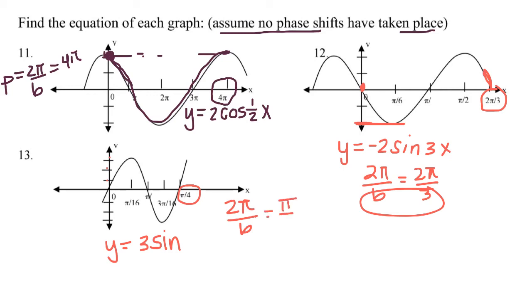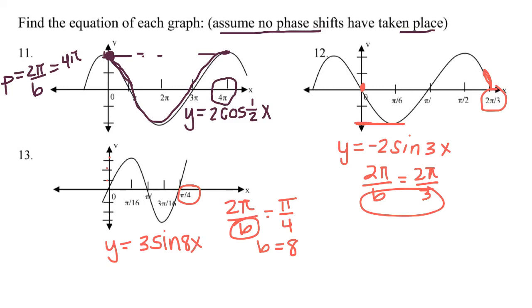So what in the world would b have to be? Well, we can do our cross multiplying, or we can think about values that I could let b be, so that 2 pi over that would reduce. It looks like it's probably going to be an 8. So here it looks like we have 8x.